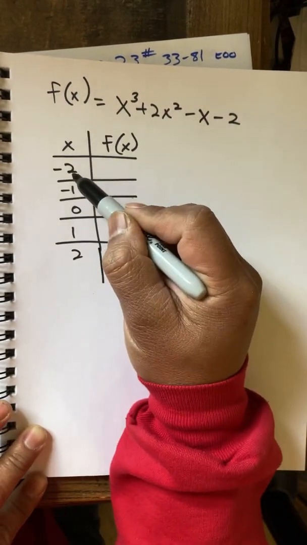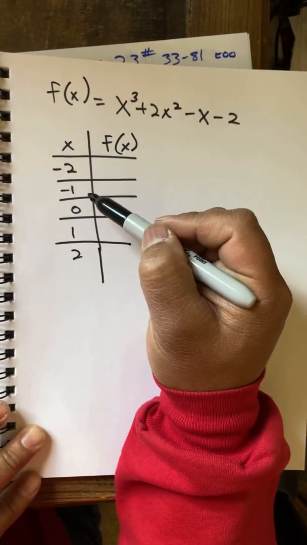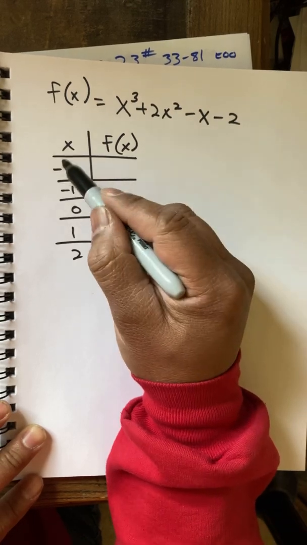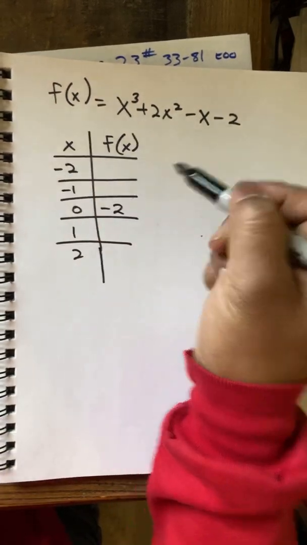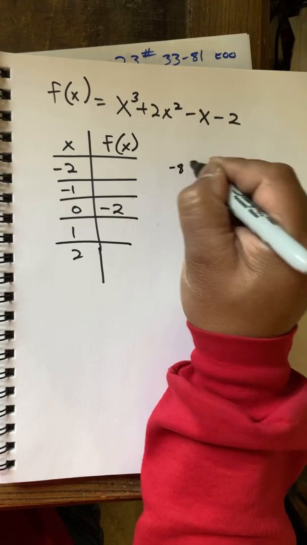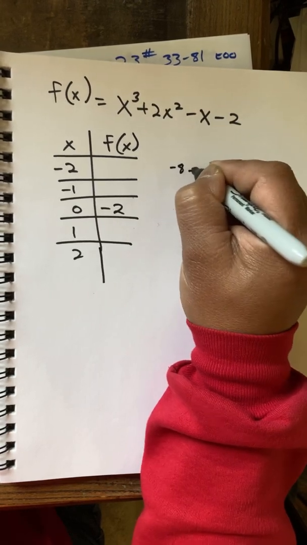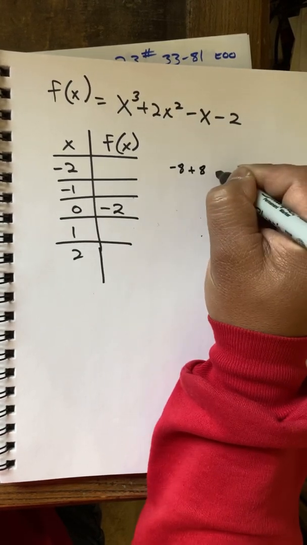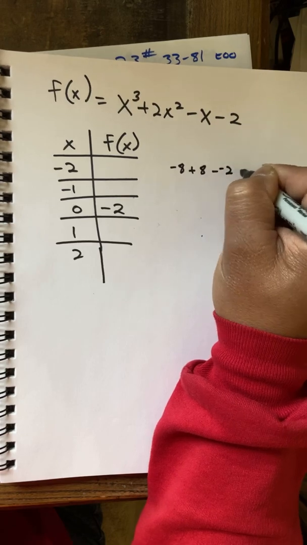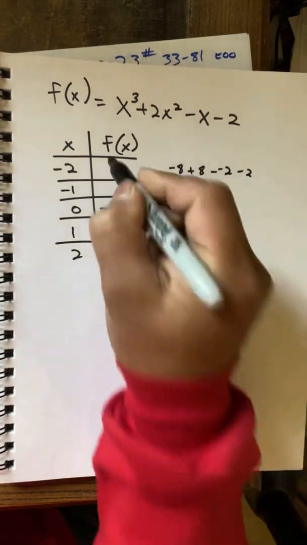I wish Alexa could help me with this one, but no. -2 cubed is -8, plus 8, minus -2, minus 2. Oh, that is a 0.